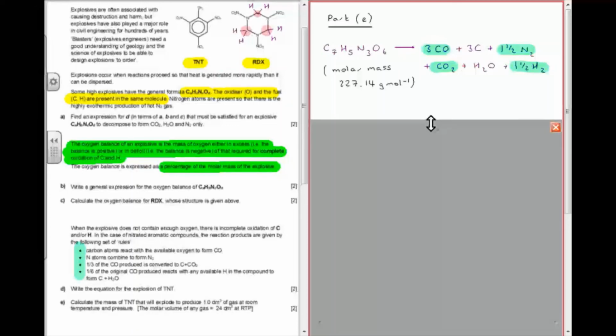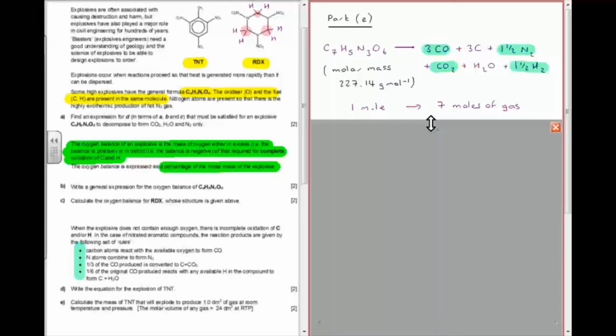And so we can see that 1 mole of TNT reacts to produce 3 plus 1.5 plus 1 plus a further 1.5, which is 7 moles of gas. To use this fact, we now need to find the number of moles in 1.0 decimeters cubed of gas at room temperature and pressure.